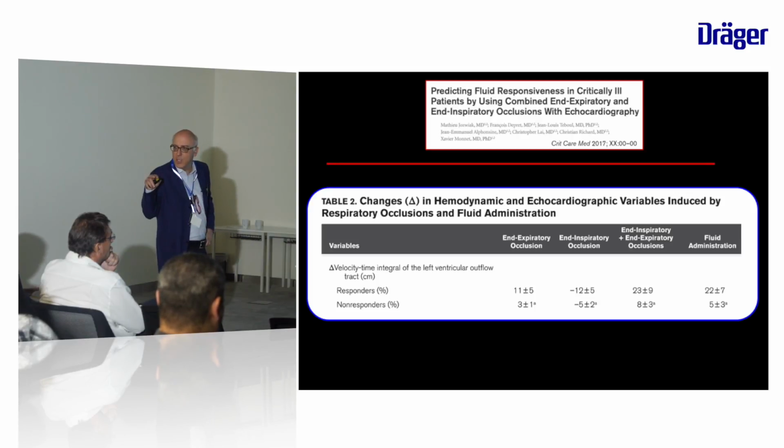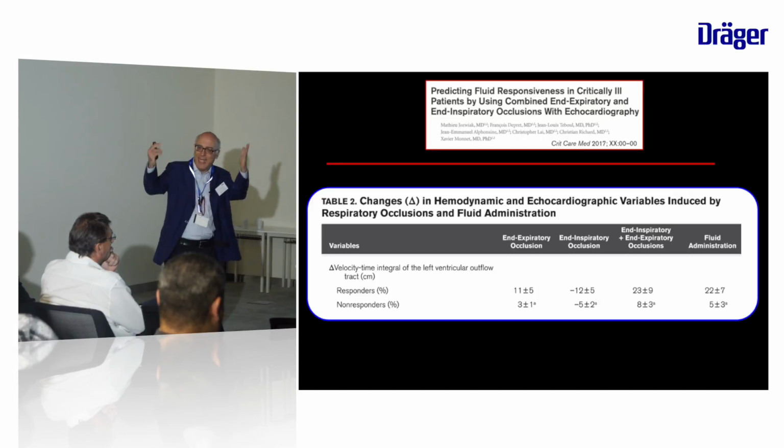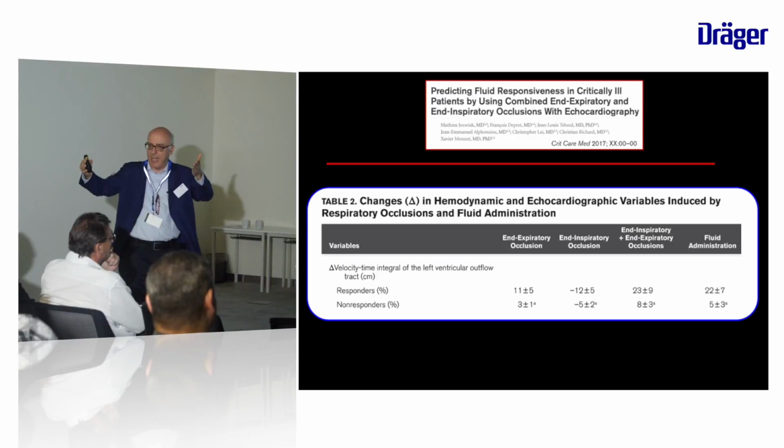You remember that the threshold was 5%. At the inspiratory occlusion, you have a reduction of the flow of 12%. And in non-responders, 5%. If you look at the total difference, you have 23% and 8%. So you increase the threshold, okay?